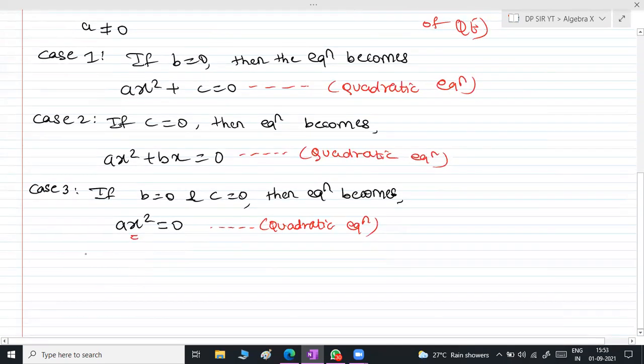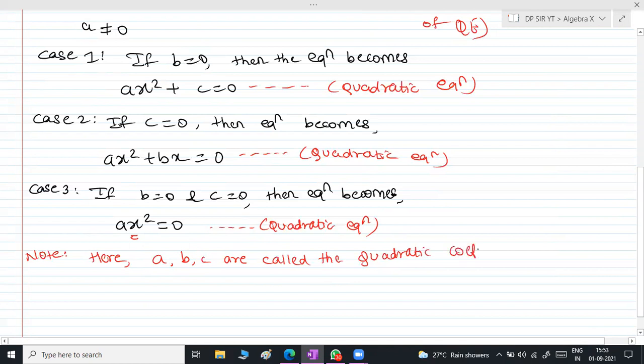Let us keep a note that here a, b, c are called the coefficients. The a is the quadratic coefficient, b is the linear coefficient, and c is the constant term. Quadratic coefficient, linear coefficient.